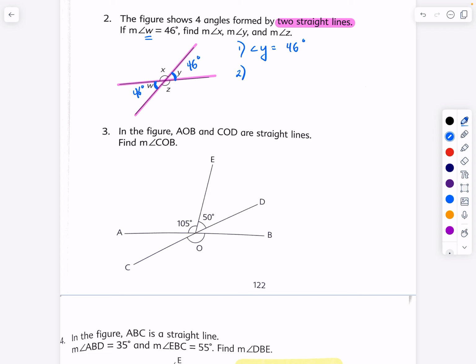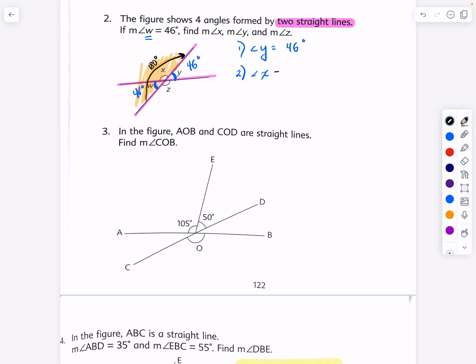Now let's solve for angle X. And I want you to consider that angle X is part of angles on a straight line. I'm just going to highlight it like this. And we just learned that angles on a straight line add up to 180 degrees.